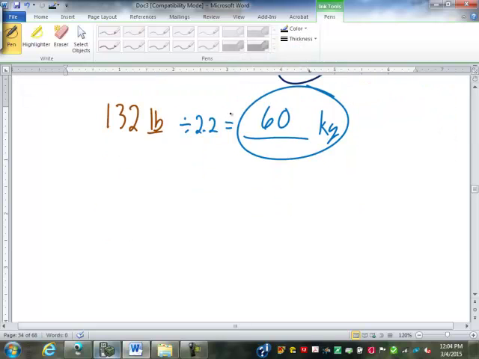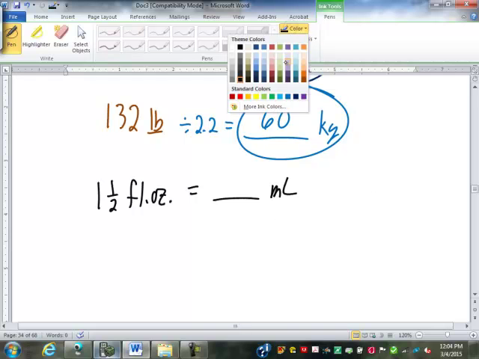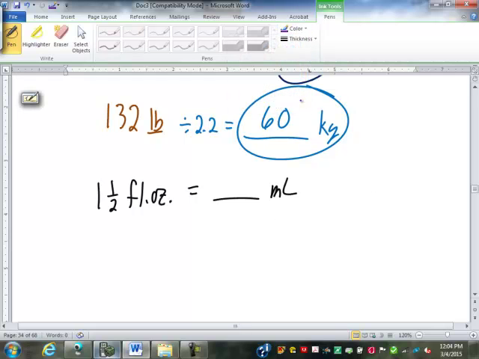If you have a dosage that is given as 1 1/2 fluid ounces, and we need to figure out, okay, all of our syringes are measured in milliliters. What dosage are we going to give? So 1 1/2 fluid ounces. We're just going to put it over 1 to make it a fraction again. Even though it's already a fraction, we can still put it over 1 like that.